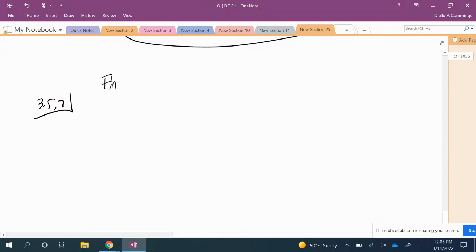Okay, so here again, find all solutions in the interval from 0 to 2 pi.